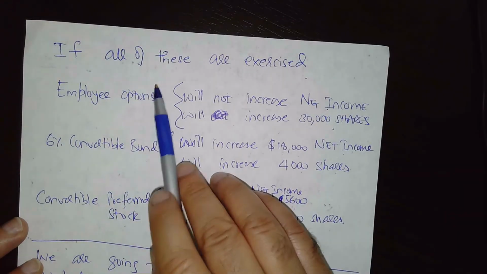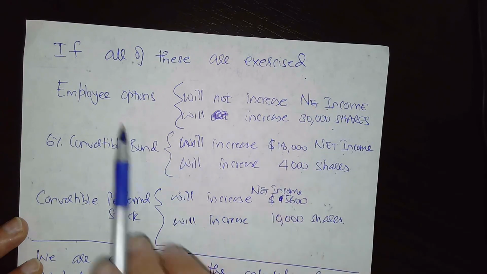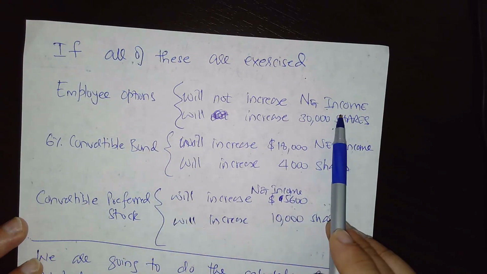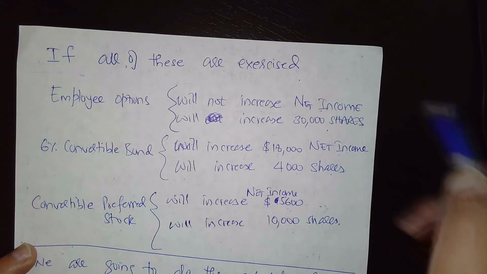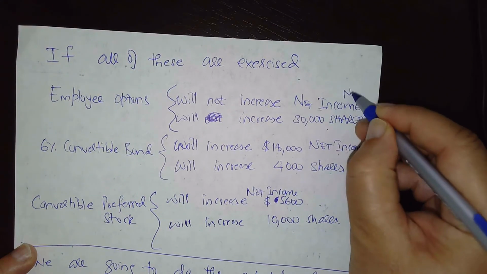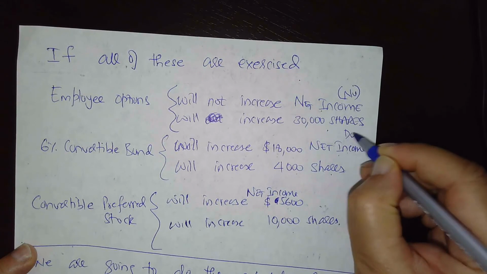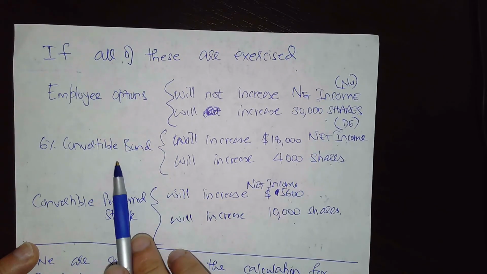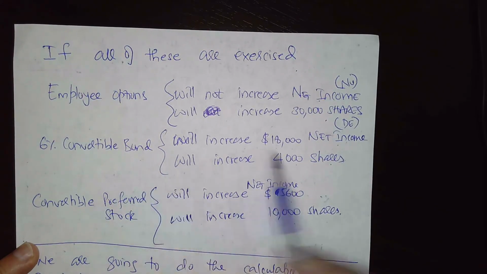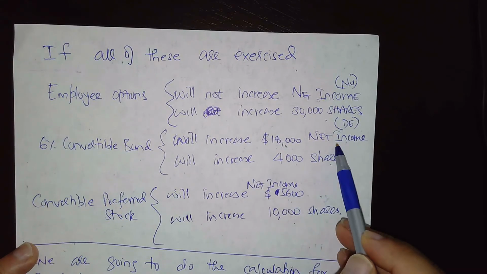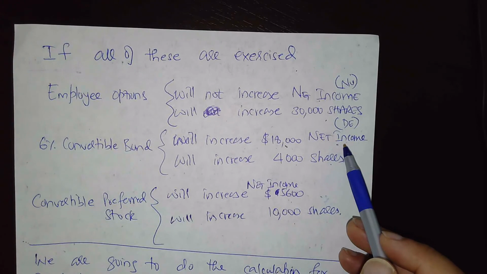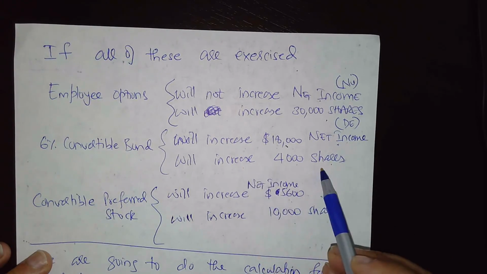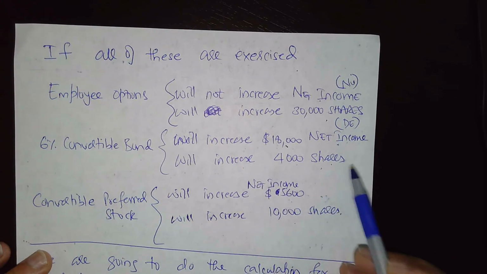Okay. Now, if all of these are exercised, employee options will not increase the net income. They will not make any difference, but they will increase the 30,000 shares. So this is our numerator and this is our denominator. When we convert, this 6% convertible bond will increase net income by 18,000 because we do not have that expense, but it will also increase 4,000 shares of common in the denominator.